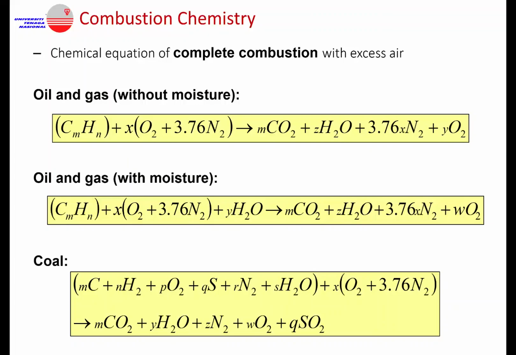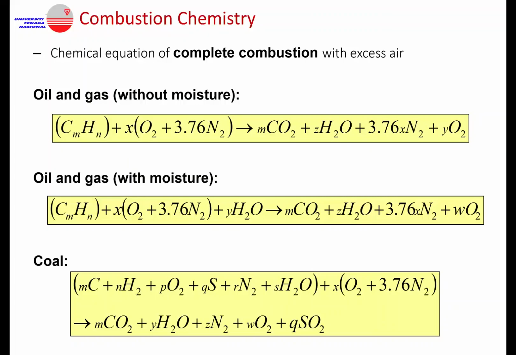It is not necessary to put in as much air as possible. Maybe instead of putting in 20% excess air, why not put in 60%, or 100%, or even 200%? That is not a good practice either.